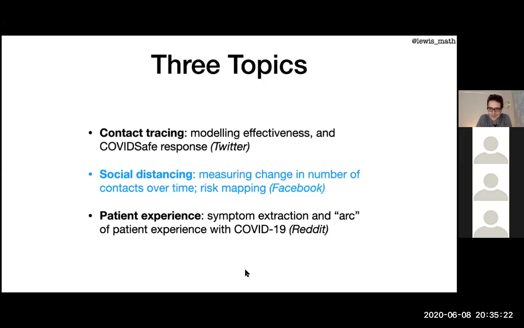And famously, because you are the product in Facebook, there's no incentive for them to give up any data usually, and so they don't. So it's been exciting that there's been a little bit of data available from Facebook because of the pandemic.